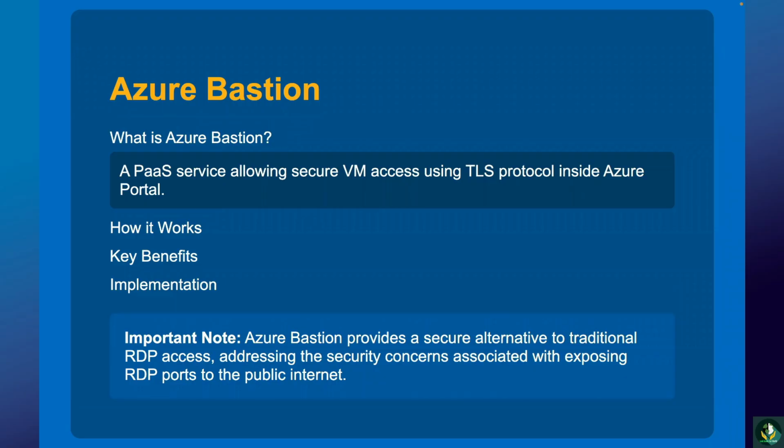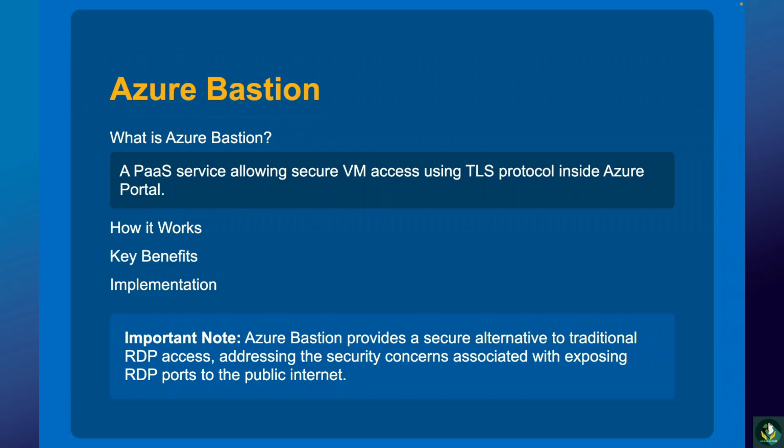Although Microsoft ensures that vulnerabilities are fixed and the more secure 3389 port provides traffic encryption by default, the recommendation remains to avoid opening the RDP port over the public internet. So that's where Azure Bastion comes into play as a comprehensive solution.